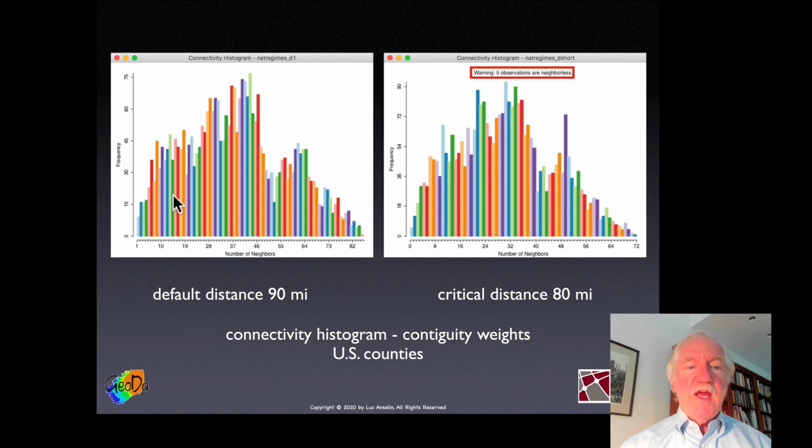This gives you the range of number of neighbors. Some counties using that measure have almost 90 neighbors, and some have just 1, like our Elko County, right? So what happens when we go to 80? Then we get a warning. 5 observations don't have a neighbor, including, as we know, Elko County. So that's something to look at in these connectivity histograms.